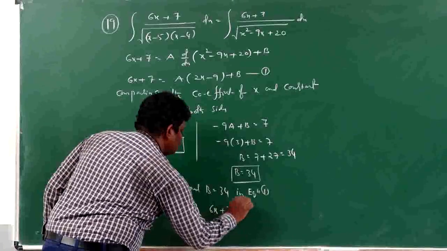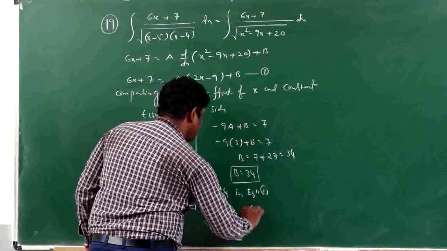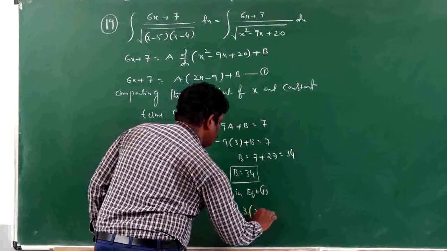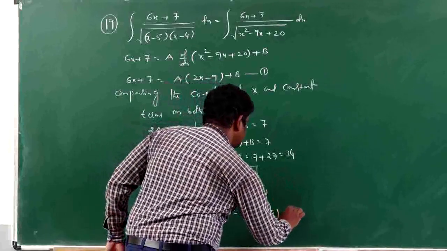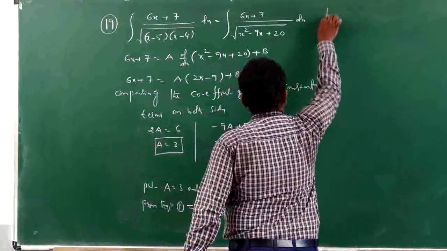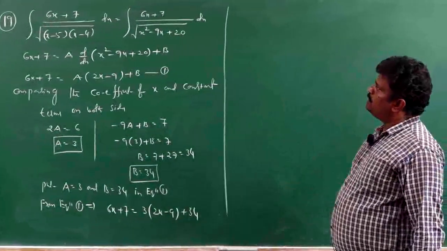6x + 7 is equal to a means 3. So 3 into (2x - 9) plus b is equal to 34. Okay? Now this total equation is divisible with that square root value.